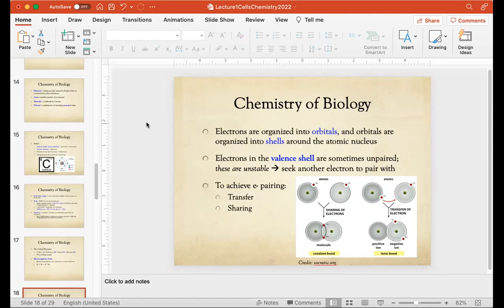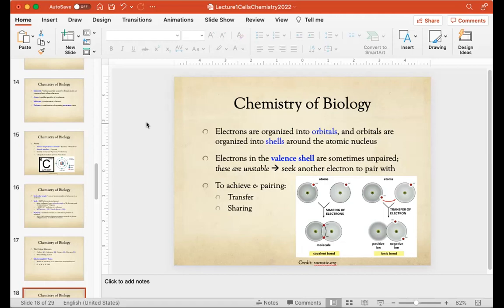We refer to those locations as orbitals. Orbitals get organized into a level or a layer called a shell. So around an atomic nucleus, there are shells that contain these orbitals that contain electrons.